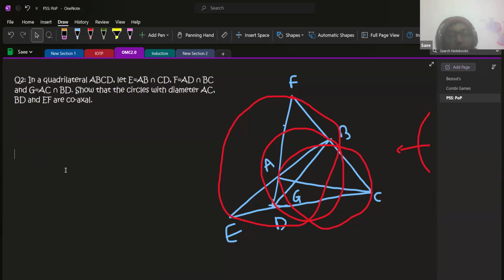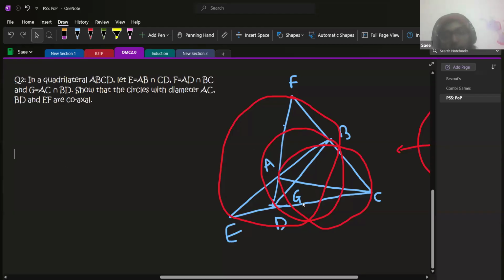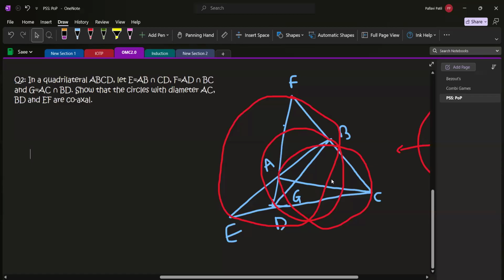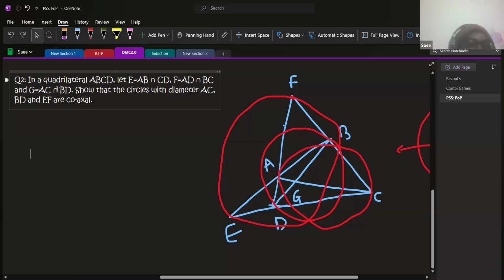How do we show that they're coaxial? So one way is to just look at the circles and look at the points at which they intersect. Like, it's not even important, is it? Yeah, true. I don't know why it's there. It's okay. Let it be.